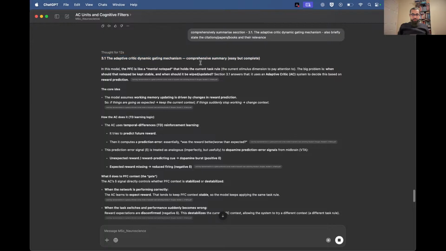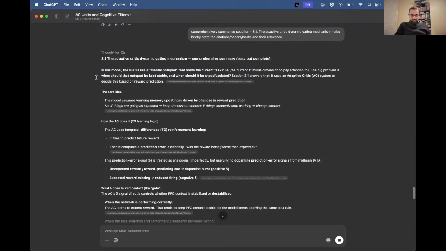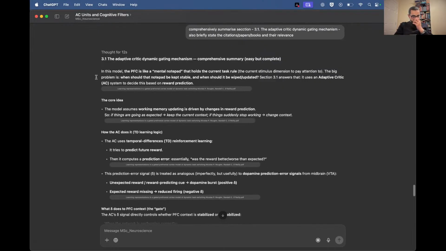Adaptive critic dynamic gating. Okay, so in this model, the PFC is like a mental notepad that holds the current task rule, the current stimulus dimension to pay attention to.